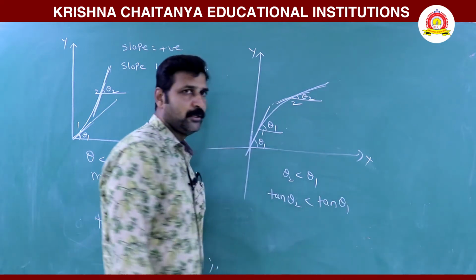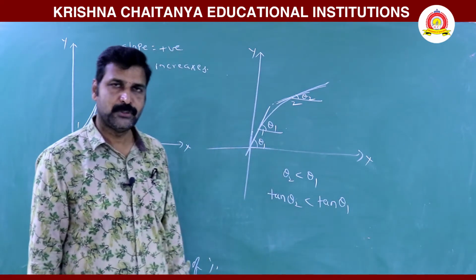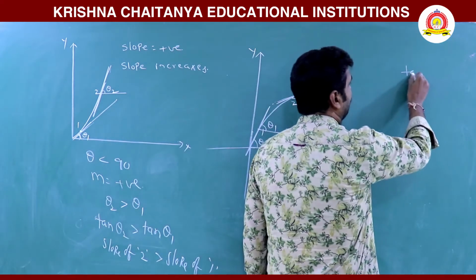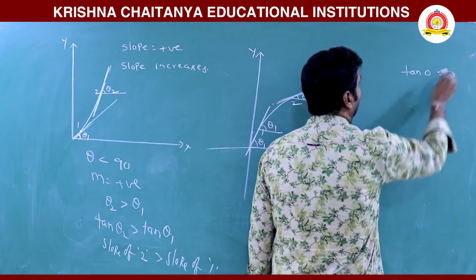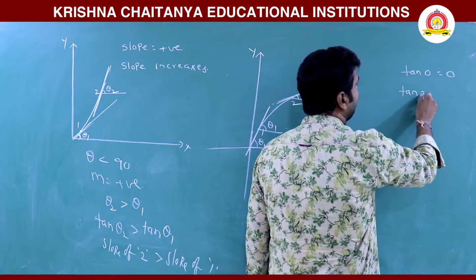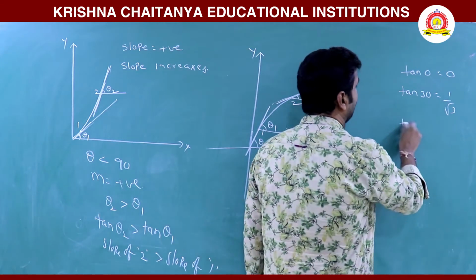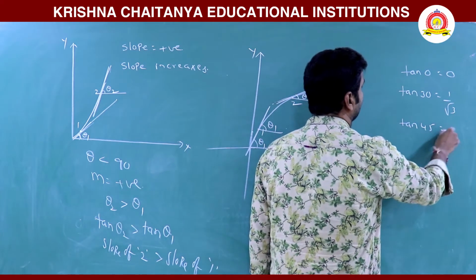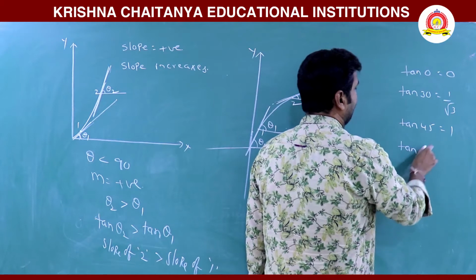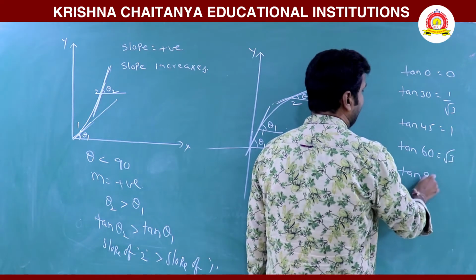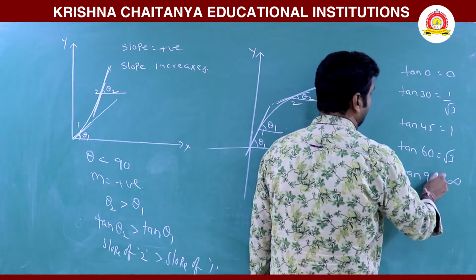Because tan 0 is 0, tan 30 is 1 by root 3, tan 45 is 1, tan 60 is root 3, and tan 90 is infinity.